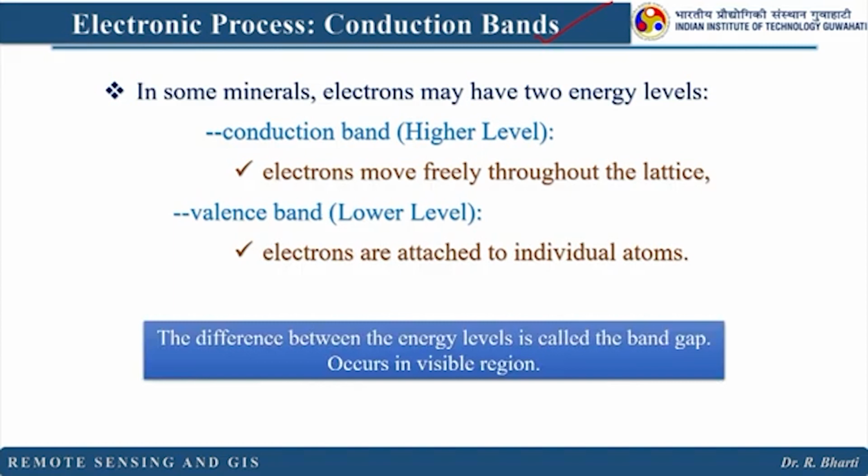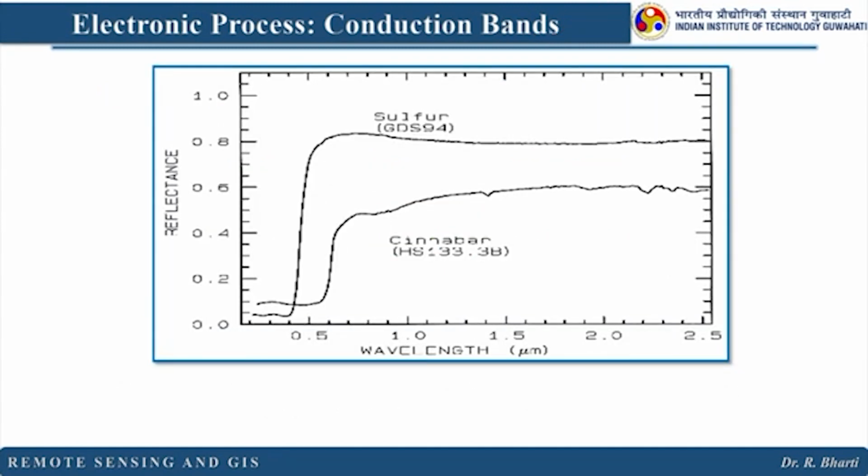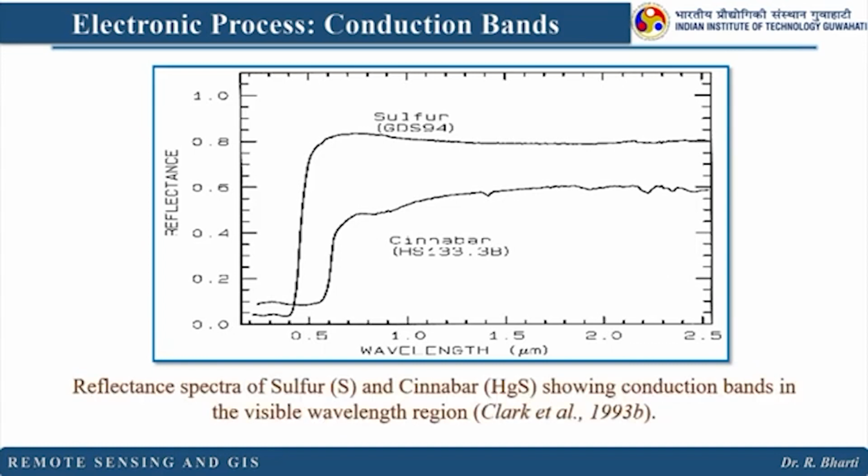The difference between the energy levels is called the band gap, and it occurs only in the visible region, right. This is the example of the conduction band where sulfur and cinnabar both are used, showing conduction band in the visible wavelength region. Here you can see how they look different in the spectra, right.